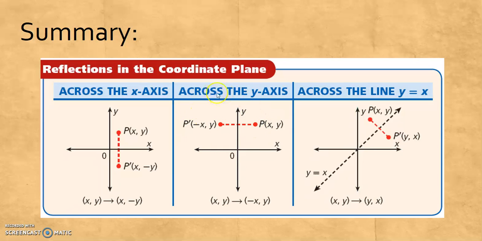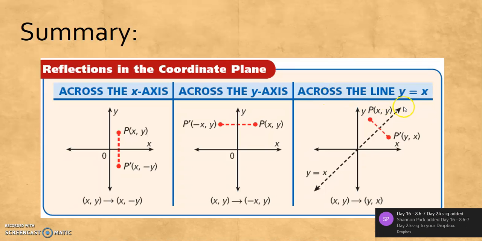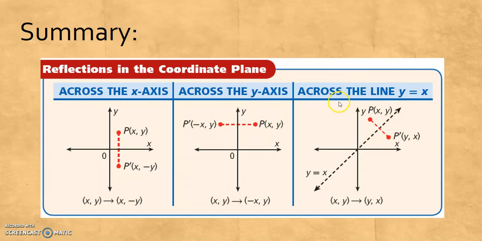If you reflect across the y-axis, the x will get changed. That's the opposite of x, -x. Whatever x was, it's going to be the opposite. And then if you reflect across the line y equals x, your coordinates are going to get switched. Take your original coordinates and flip them.